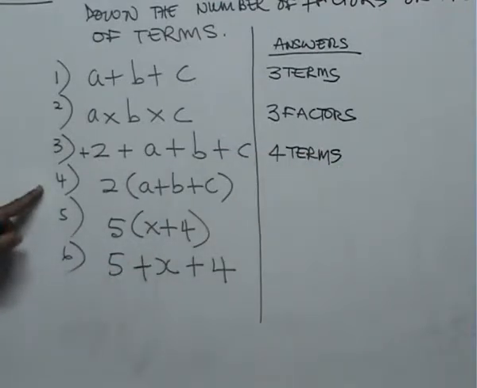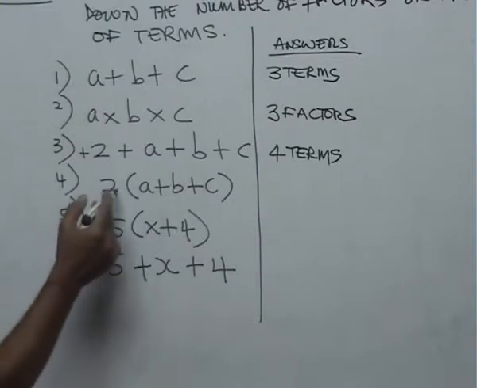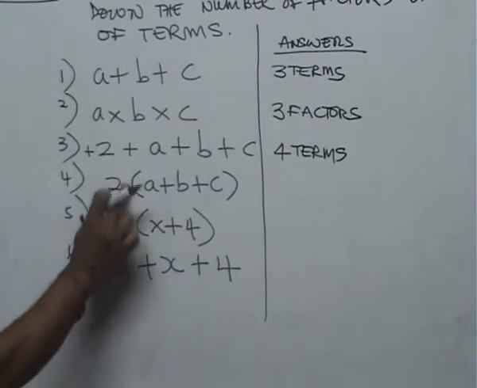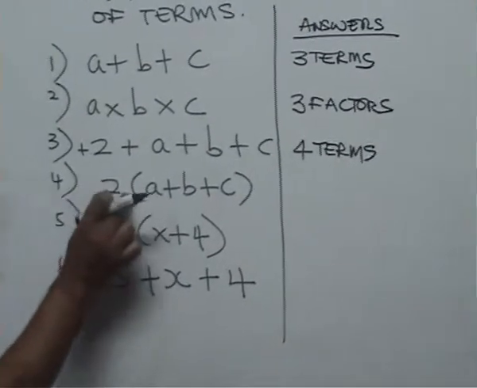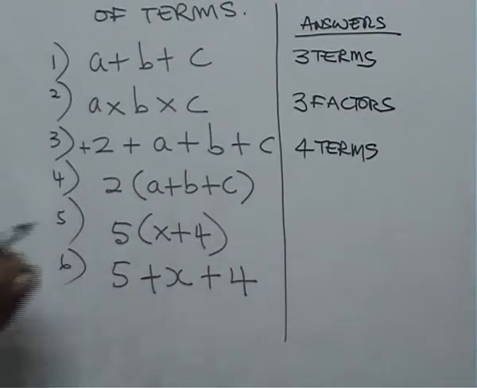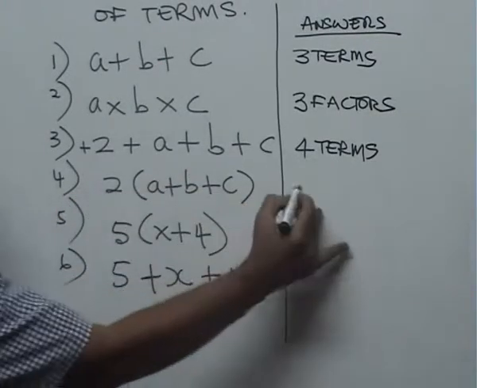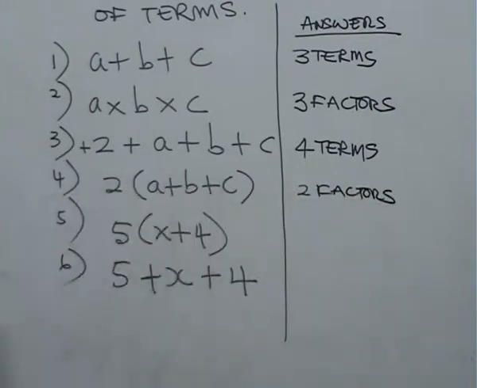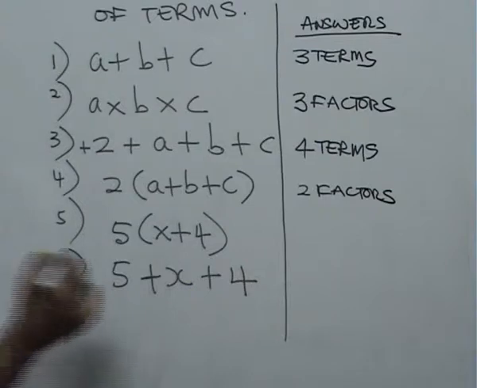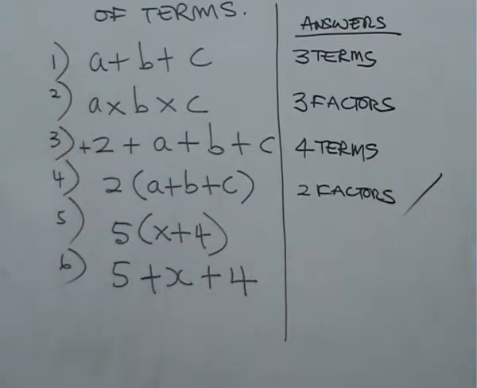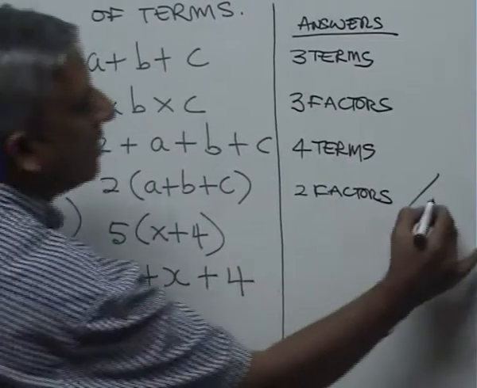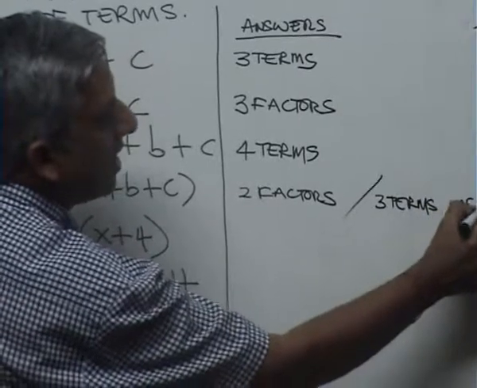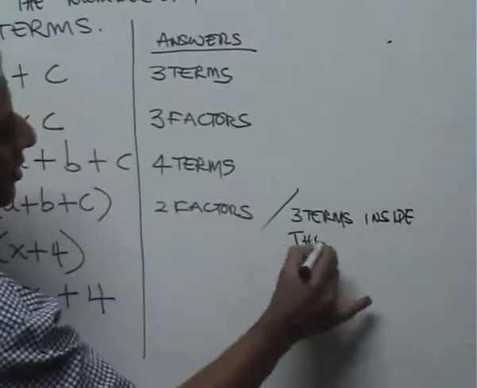Now number 4, you've got to be careful. You cannot see a plus sign or a multiplication sign here. Well, it's understood to be multiplication. So it's 2 times that bracket. Therefore, there are 2 factors over here. If you are a very wise person, you may have also said that, look, there are 3 terms inside the bracket.